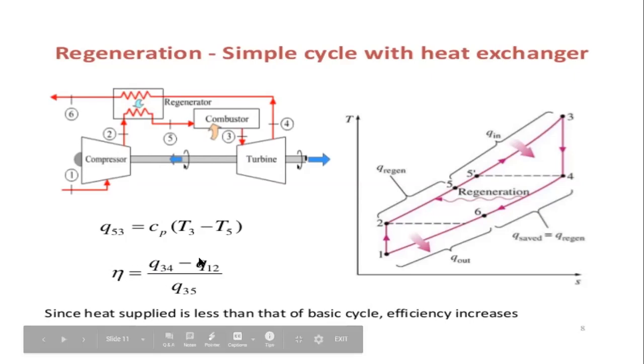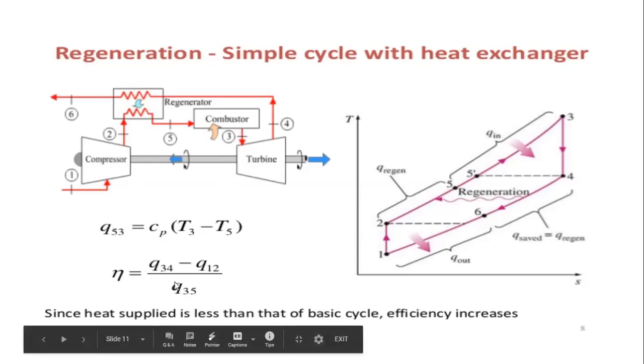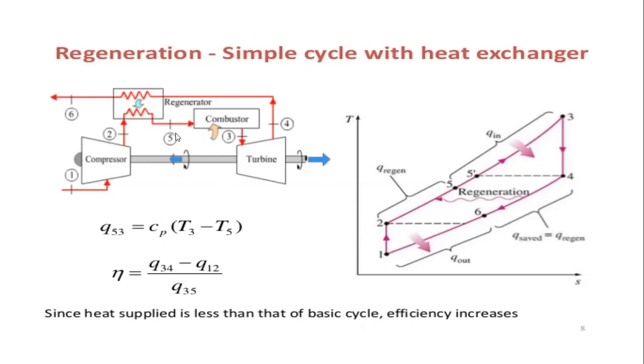And why is the efficiency improved? The efficiency is improved because now the heat supplied is only Q3 to 5. In the absence of a regenerator, the heat supplied would have been more. How much more? The heat supplied would have been Q3 to 2, which means CP (T3 minus T2).